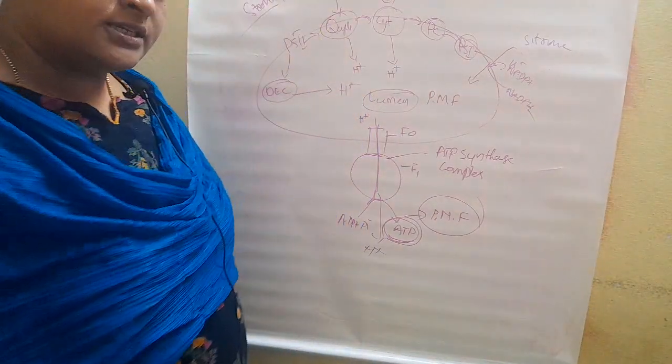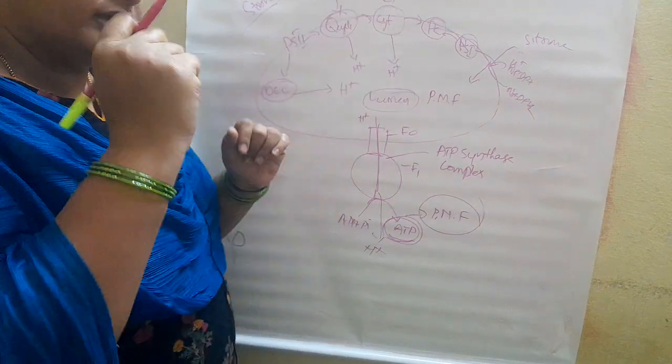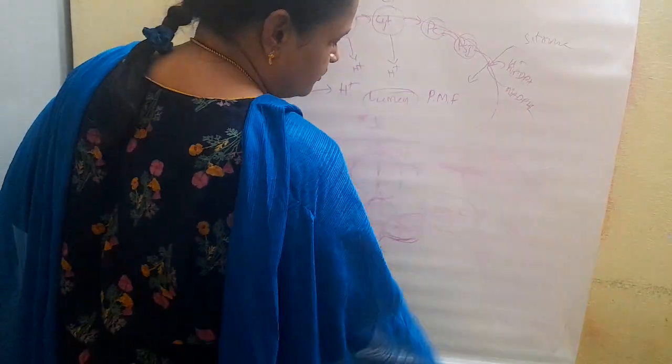So ultimately ATP has come, and NADPH2 has also come, right? So what is the ratio? We have to calculate, because it's NEET, we need to know.